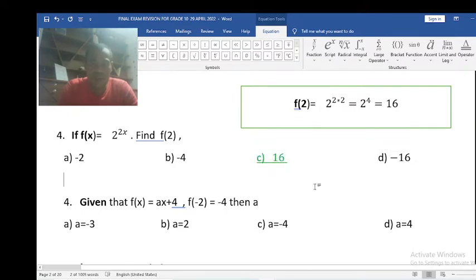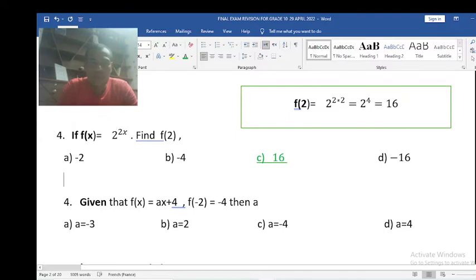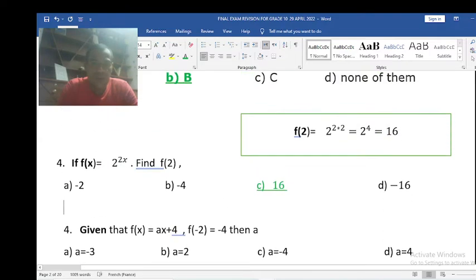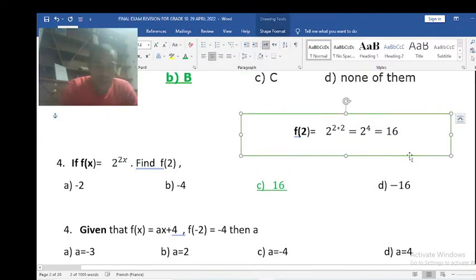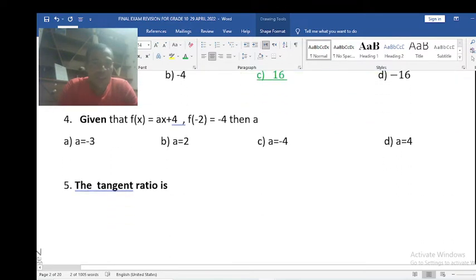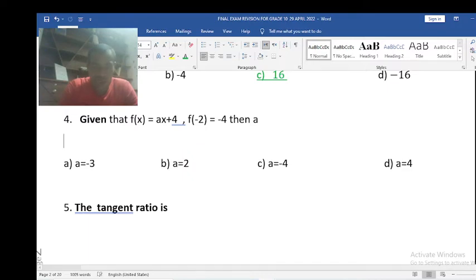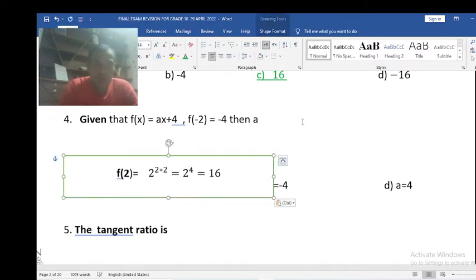For the next one, given that f of x equals ax plus 4 and f of negative 2 equals negative 4, the value of a is: negative 3, or 2, or negative 4, or 4?